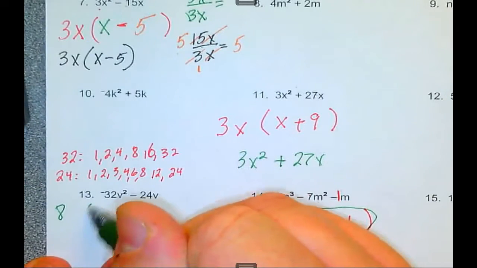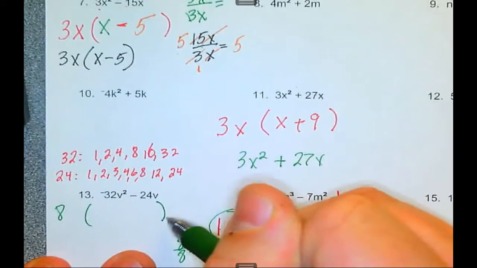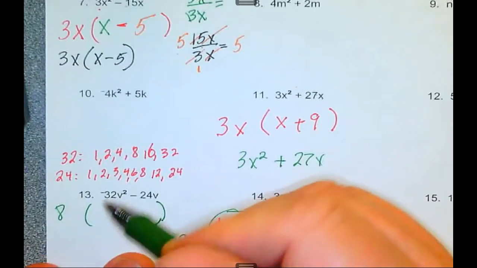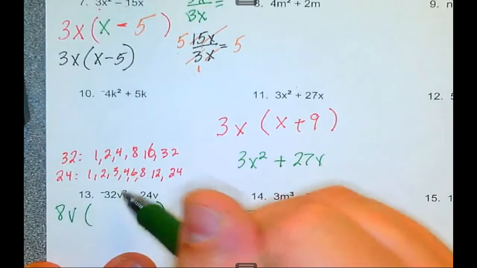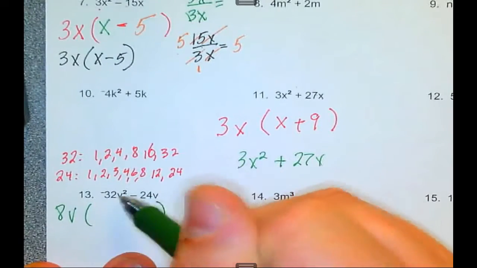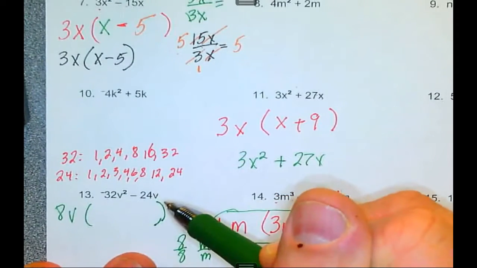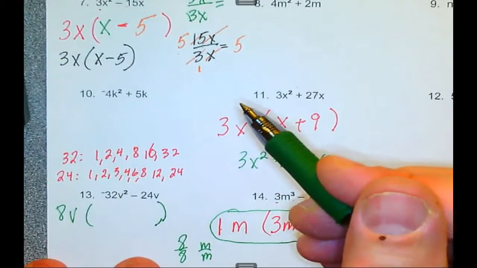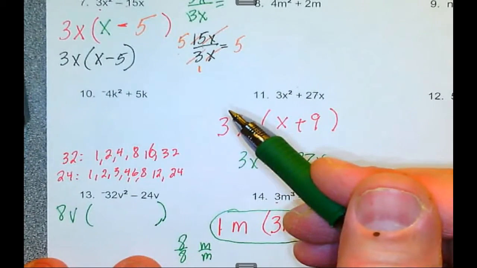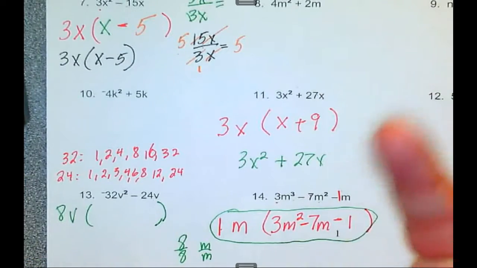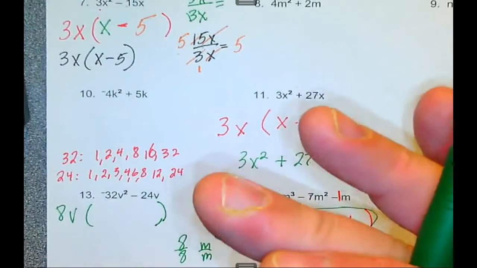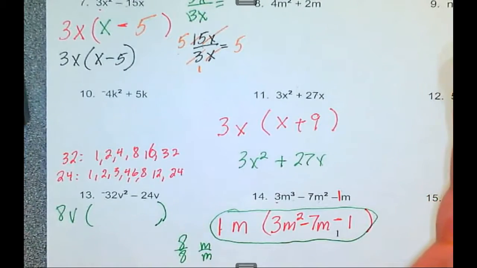Okay. How many v's can I take out of both at the same time? One of them. Because this has 2 v's and that has 1 v, so I can take one of the v's out. What about that negative sign? Standard form, we usually want the negative sign outside the parentheses if we can.